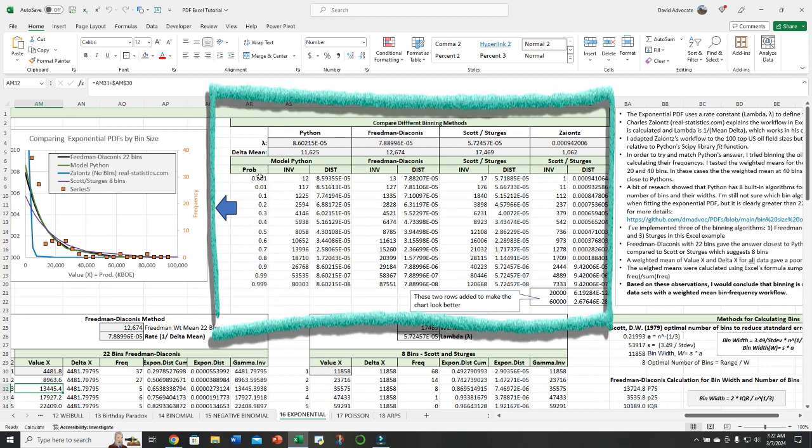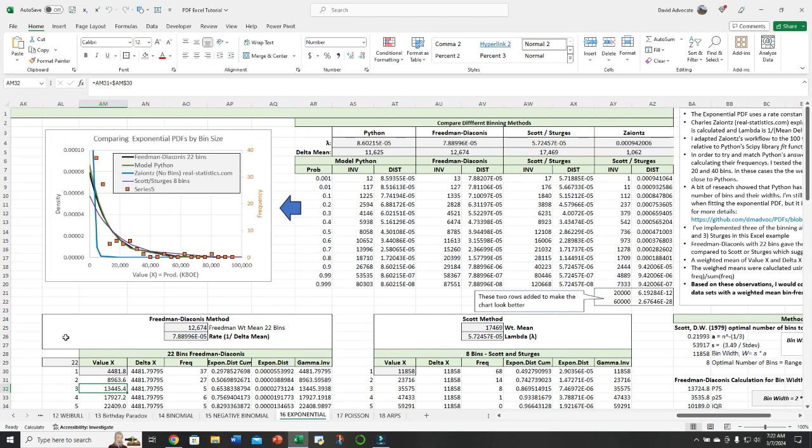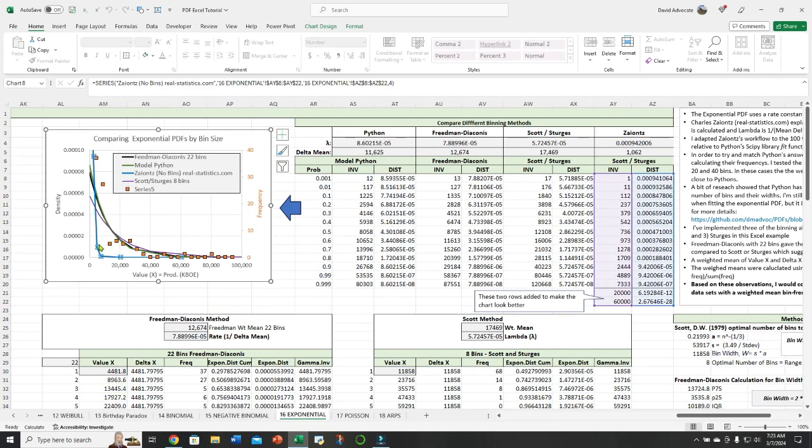where I've set up a series of probabilities going from 0.001 to 0.999, and using different methods I've calculated the distributions. The blue line represents the data set with all the data points without any binning, whereas the other three methods represent the binned data, which indicates that the binning helps to fit the data more precisely.